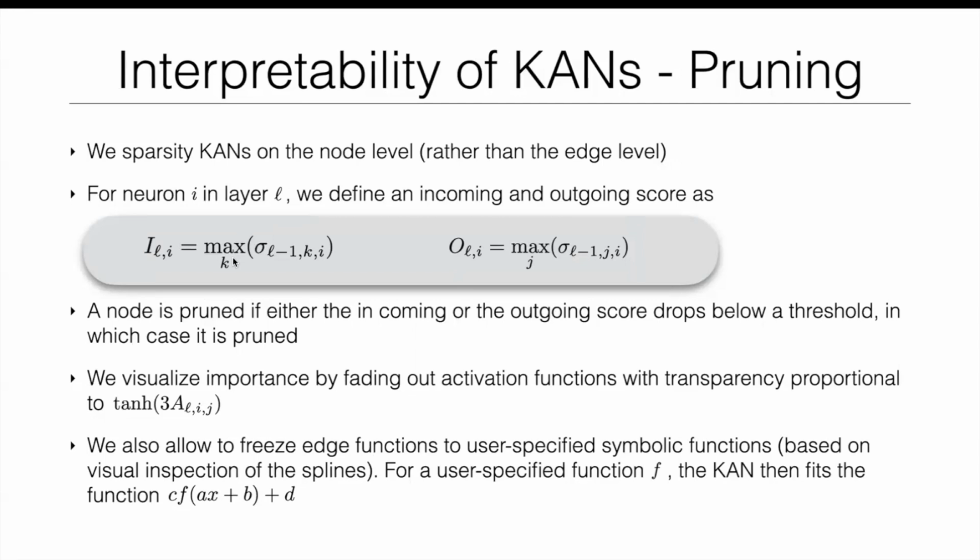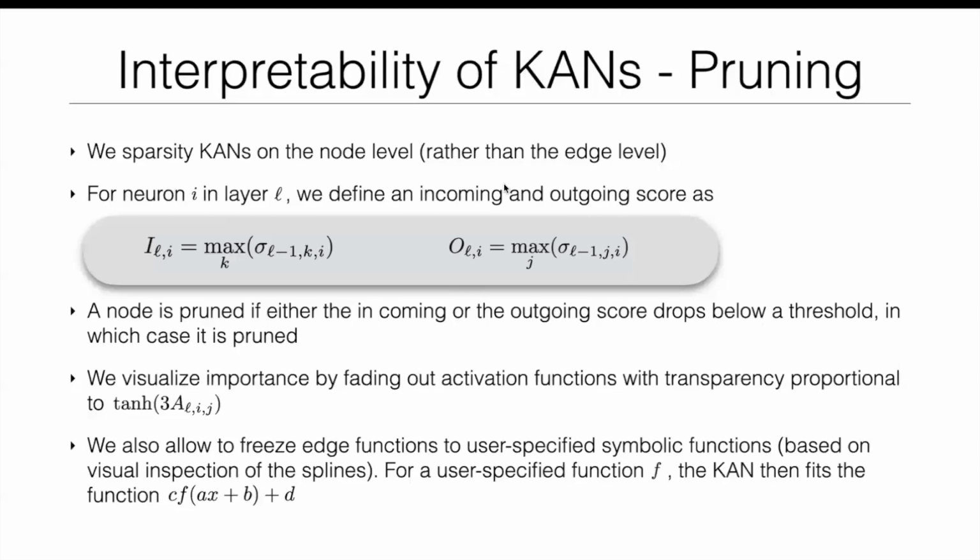If the maximum of all incoming is very small, I probably can forget it. And if it's not doing anything else to the rest of the network because all of the outgoings are very small, I can probably also drop it. So we prune then based on these maxima.